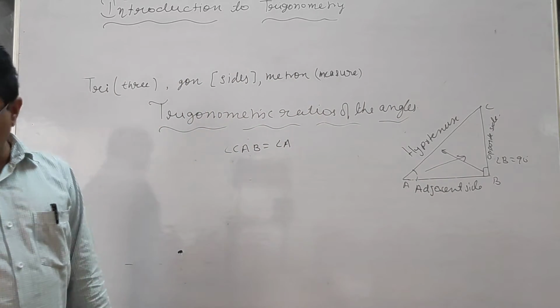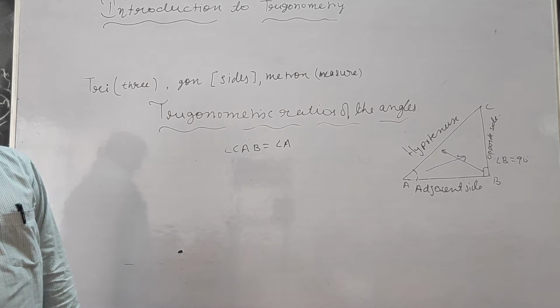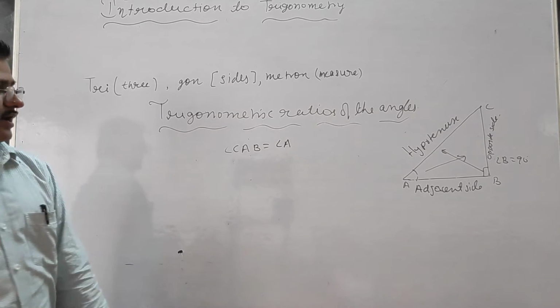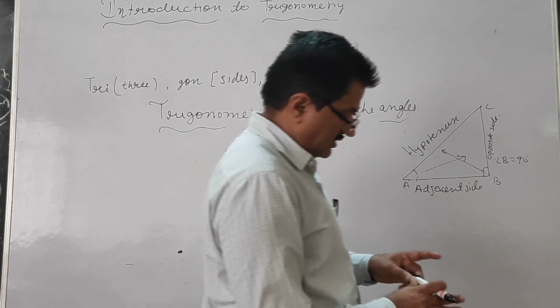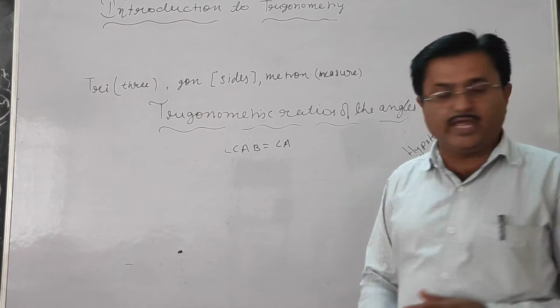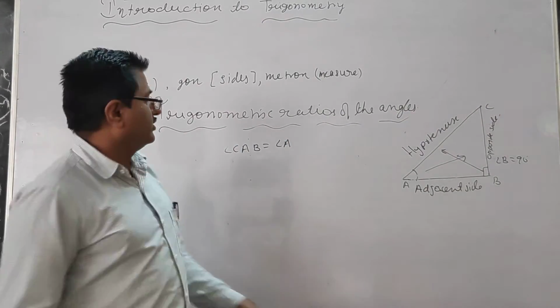Now according to this, we have to find the ratio of the sides of a triangle. Clear? So see how we can find the ratio, or how we give a particular name to a particular ratio.